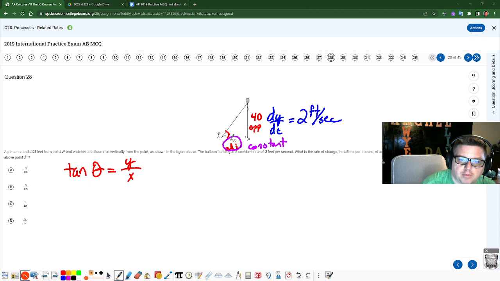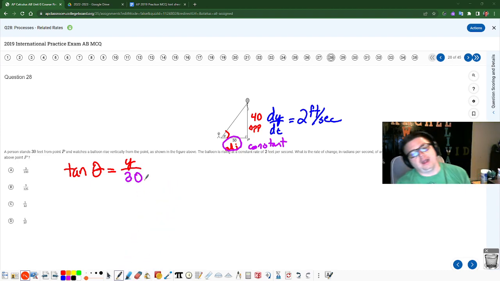The person is not moving closer or farther away from point P. The balloon is moving farther away from point P, but the person stays exactly where they are. So what happens in this problem is that this x is no longer an x and gets replaced with a 30. That helps us out immensely when trying to do the derivative of this question, which is eventually our next step in the process.